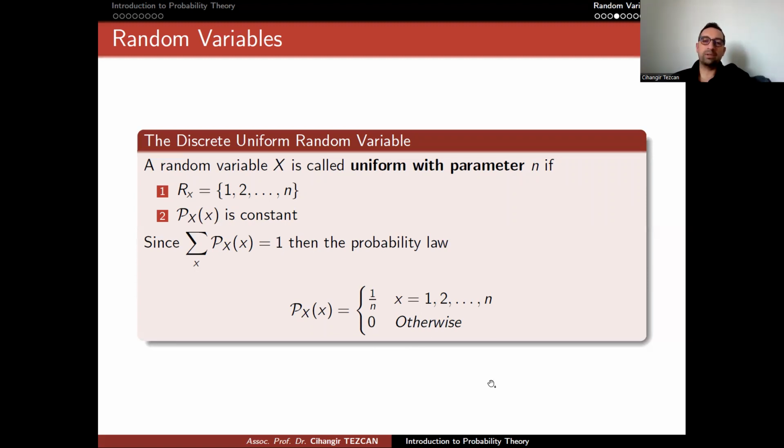So this is the probability law for the discrete uniform random variable, or uniform distribution. This is one of the basic distributions you can think of.